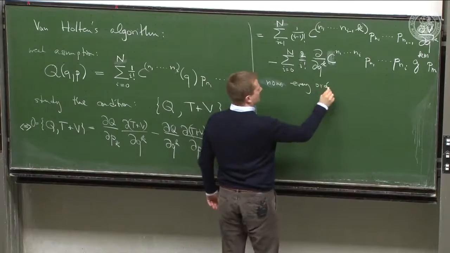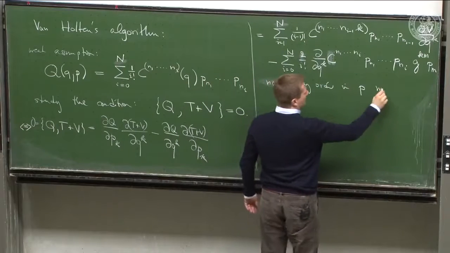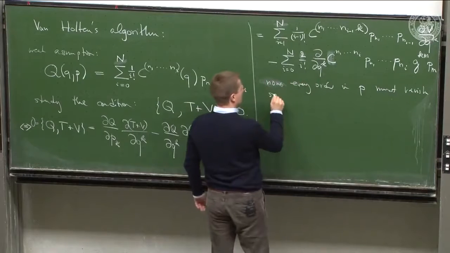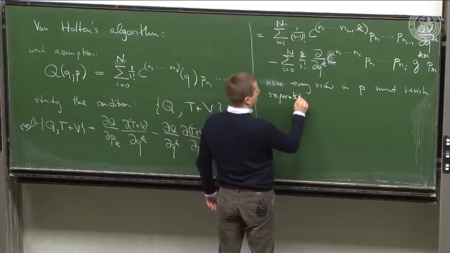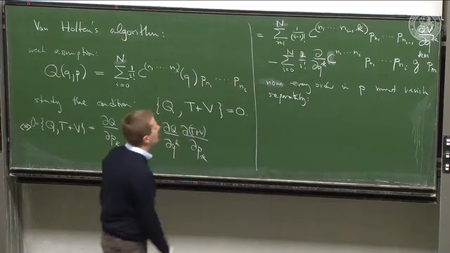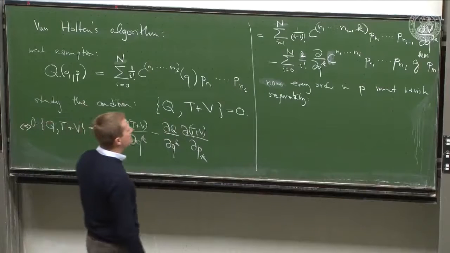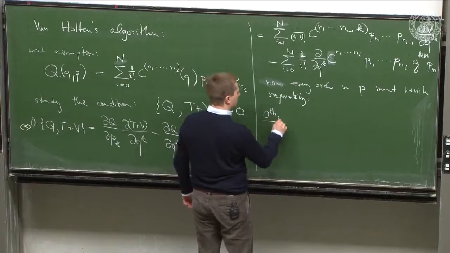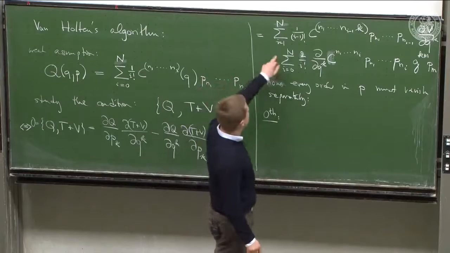Every order in P must vanish separately, because only then are two polynomials equal. So let's carefully extract the 0th order. So what's the 0th order in P? Do we have a 0th order?